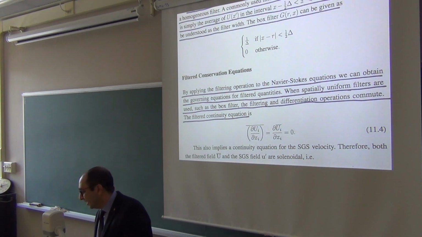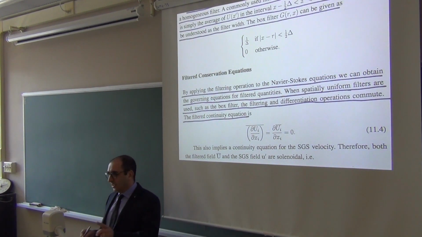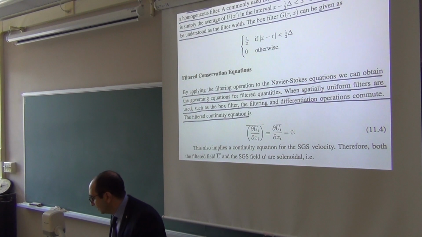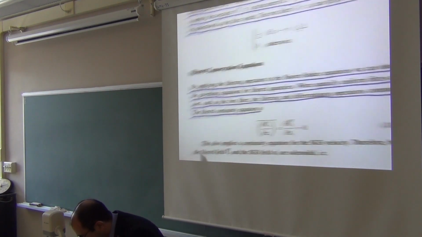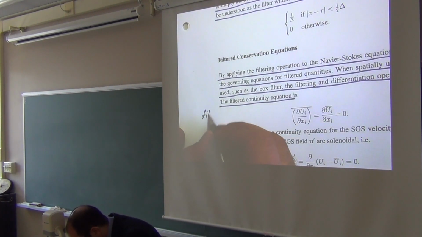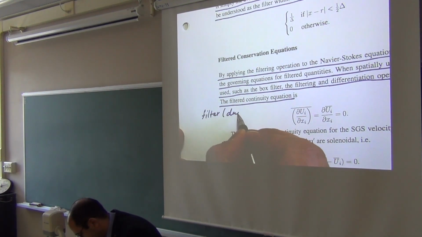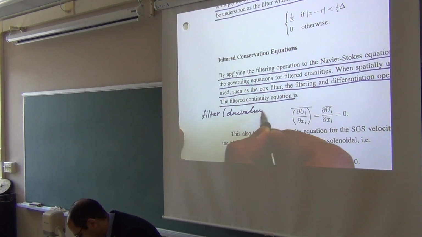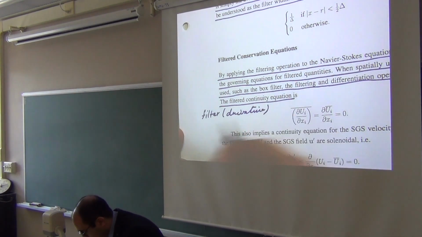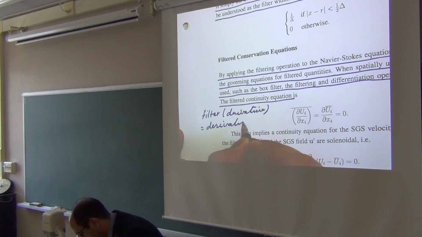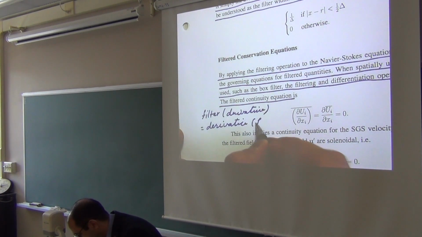Remember, a filter is like an integral. You can take the integral inside and outside of various mathematical operations. So the filter, or integral, of a derivative is the same as the derivative of the filter.